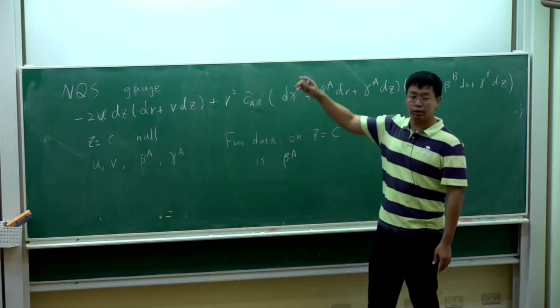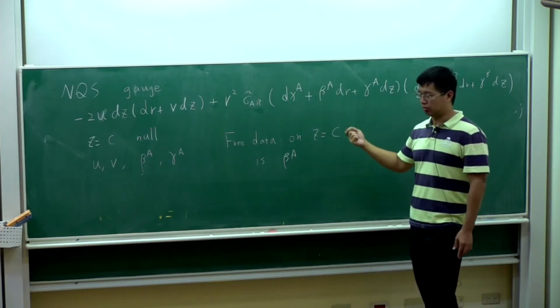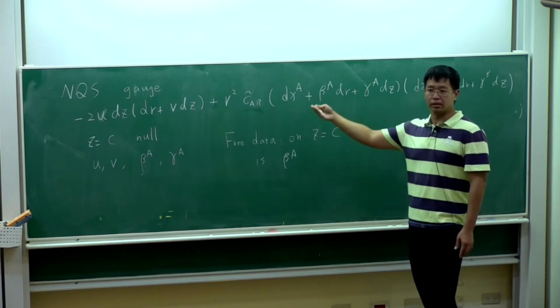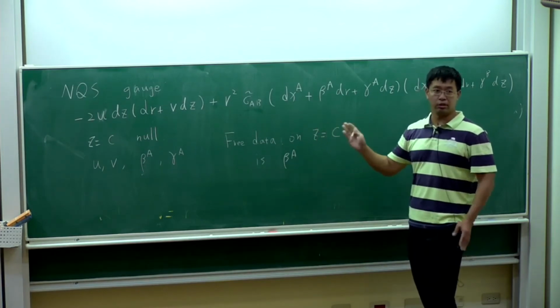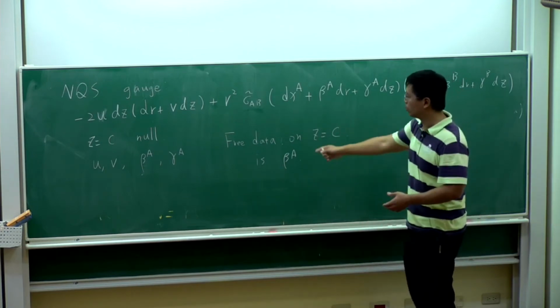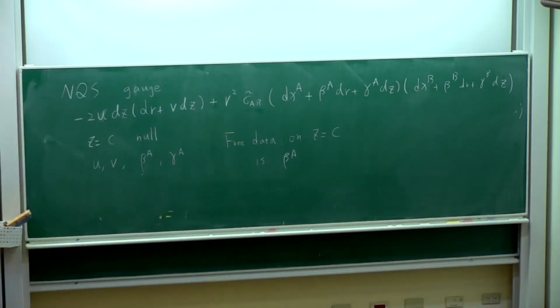So if I want to compare to the previous picture, I'm still prescribing the shear of the sphere in the null hypersurface, just in a different coordinate and gauge form. But I'm still prescribing this inside my null hypersurface. Okay.